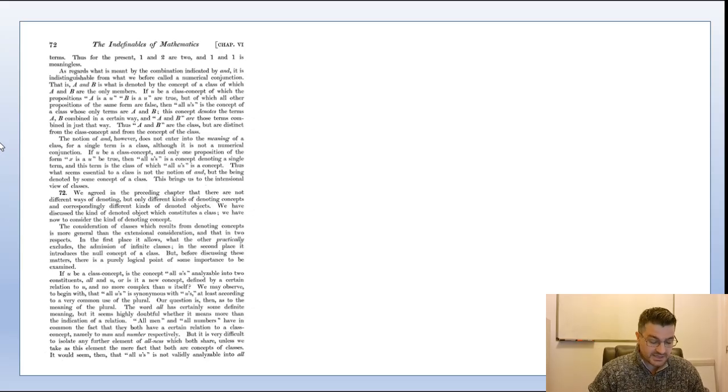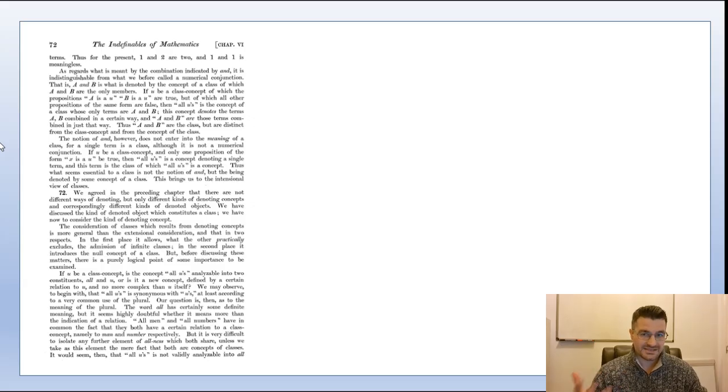We've discussed the kind of denoted object which constitutes a class. We have now to consider the kind of denoting concept. The consideration of classes which results from denoting concepts is more general than the extensional consideration. So I've spoken in previous videos about the extensional view of classes, which is effectively enumerating the terms of the class.